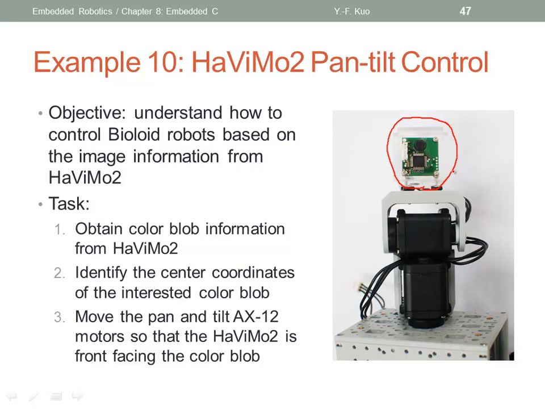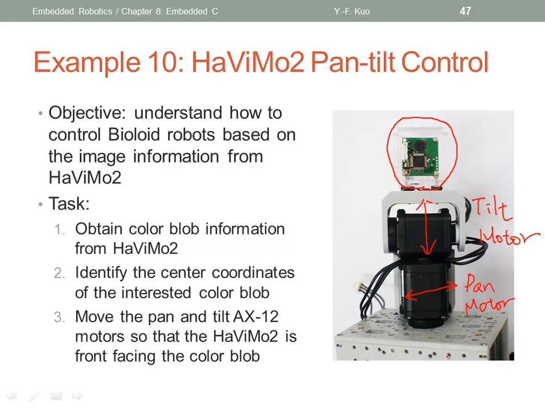So what do we need? We need to control 2 motors. One motor turns the head left and right, and that's called the pan motor. And we need another motor that moves the head up and down, like nodding your head, and this is called the tilt motor.